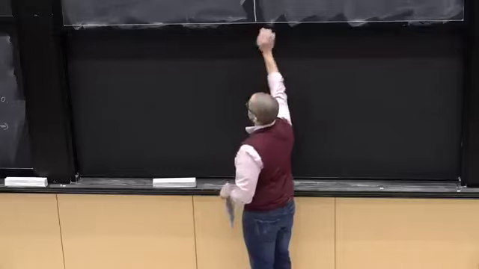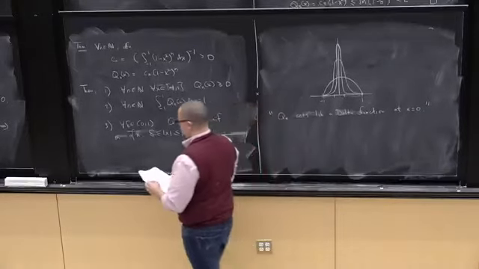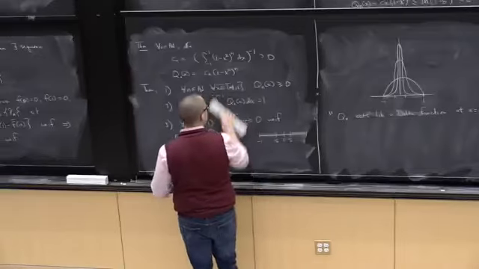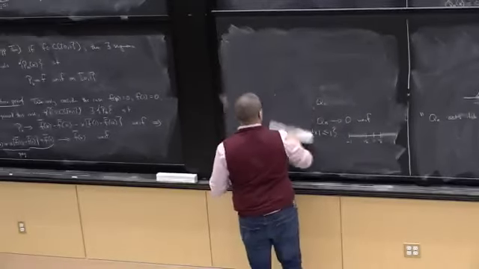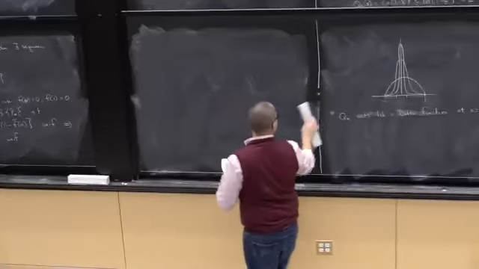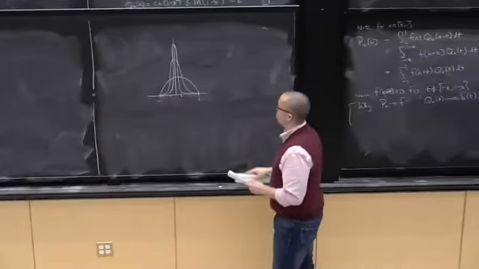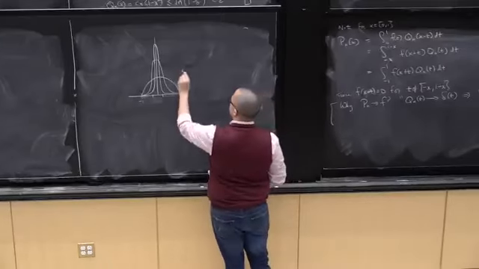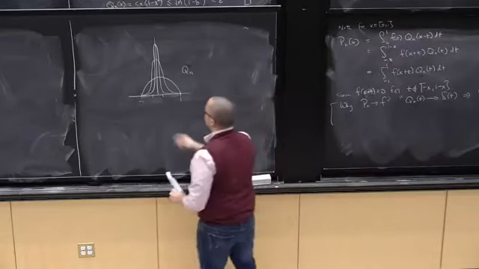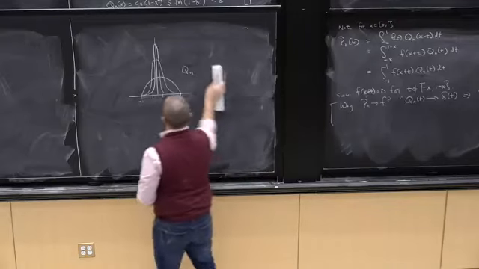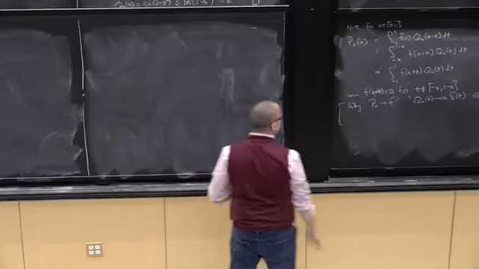So I think I can finish on this board. This is a picture you should have seared in your mind. This is what the Q sub n's look like. They're concentrating all of their mass right at the origin, and therefore I should just pick up f at the point x.